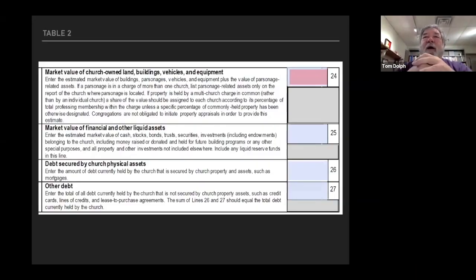Your market value. Now, a lot of times, what people put in this category is your insured amount, which is not exactly the same thing. So your market value is, if you sold it, how much could you get for it?